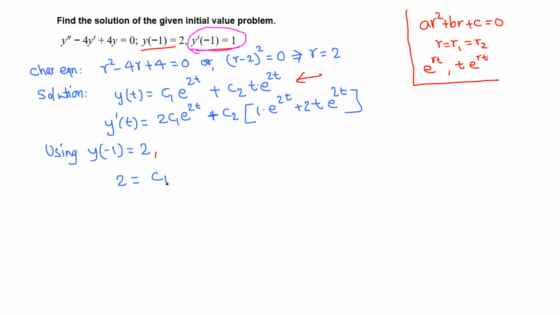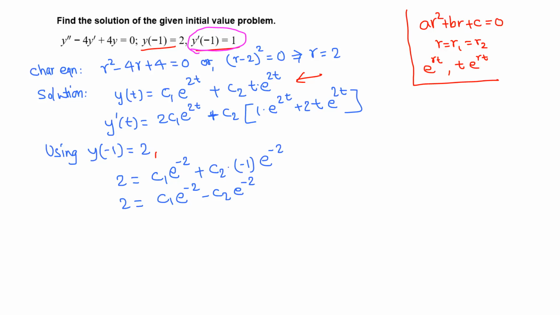So this is c1 e raised to 2 times -1, so e raised to -2. e raised to -2 is an irrational number, but still a number, plus c2 times t, which is now -1, times e raised to -2. Let me rewrite this: it is c1 e raised to -2 minus c2 times e raised to -2. Okay, that's from the first initial condition.